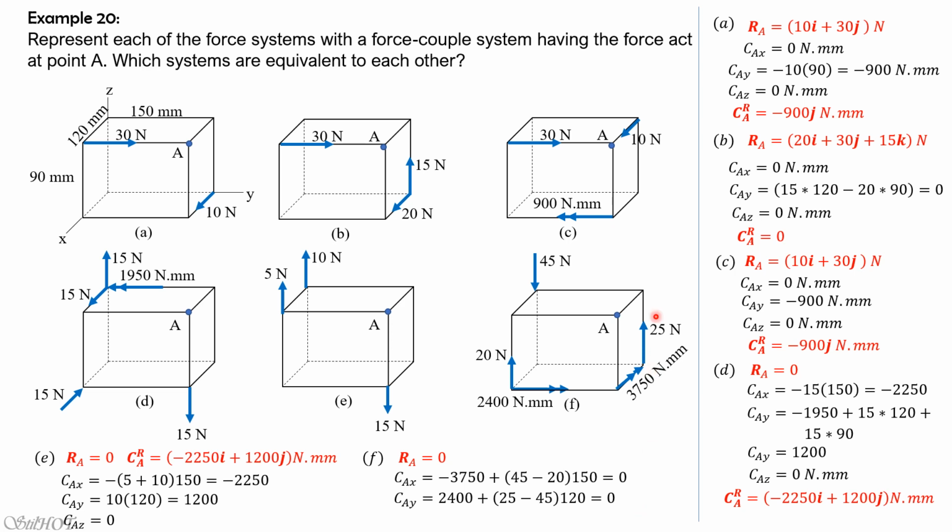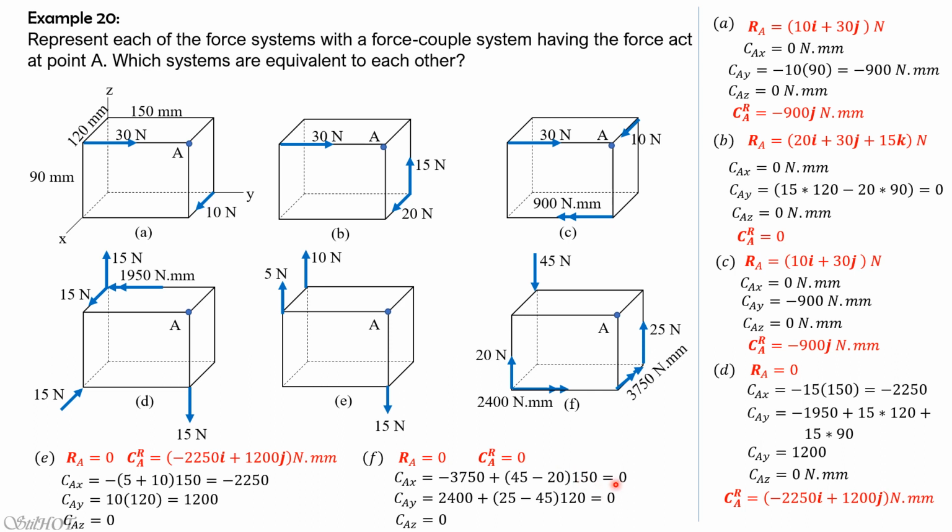That's also 0. And finally, about the AZ axis, the forces will have 0 moment because they are all parallel to the AZ axis. There's also no couple directed about the AZ axis, because the couples are CX negative 3750 and CAY positive 2400. So CAZ is 0, and the resultant couple for the force system at F would be 0.